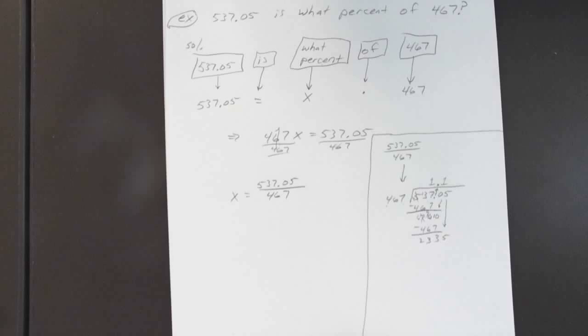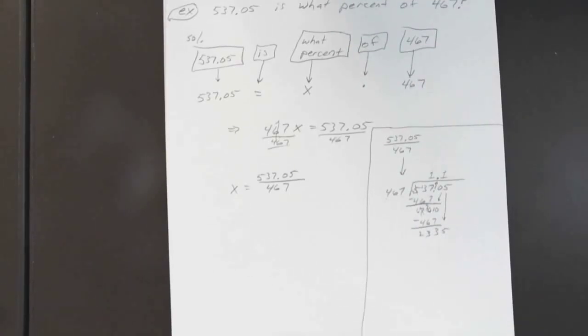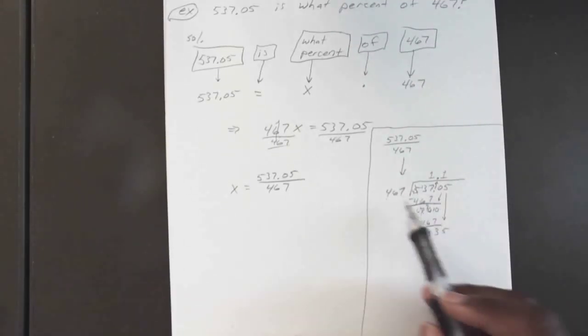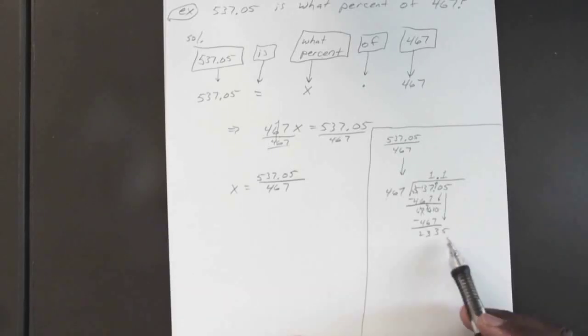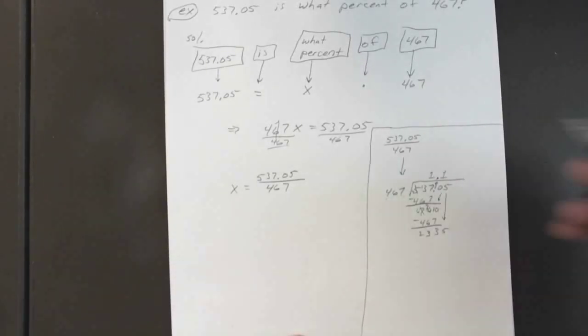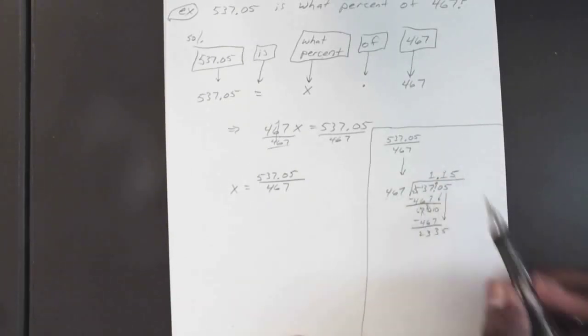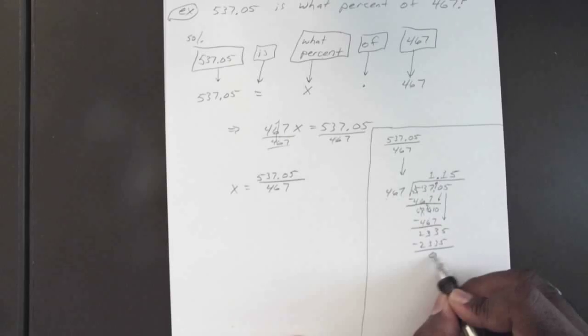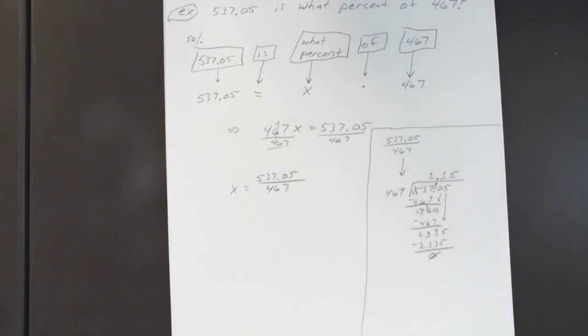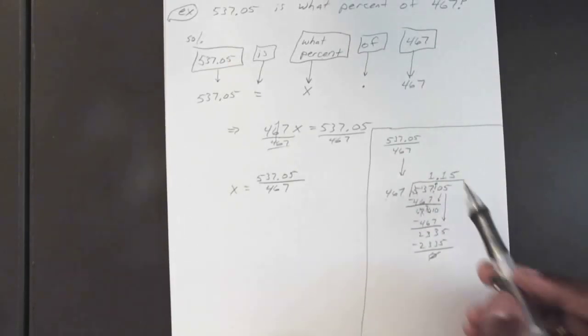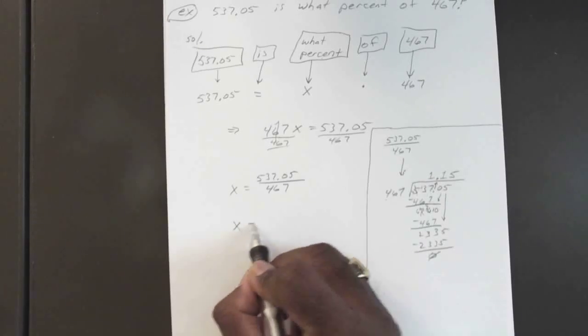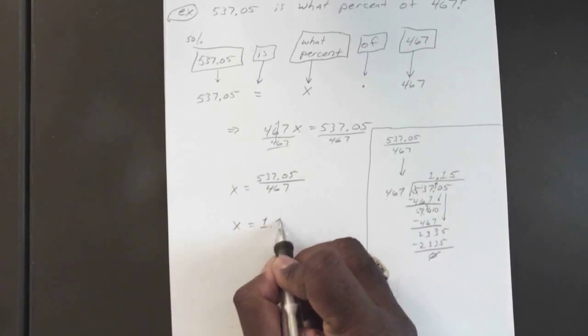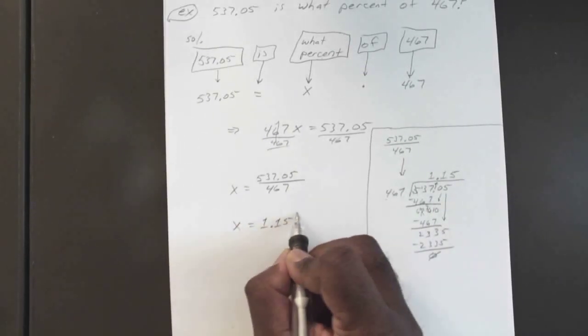And we bring down that last 5. Okay. So actually 467 goes into 2,335 5 times. 467 times 5 is 2,335, which leaves us with 0. So that means X actually equals 1.15.